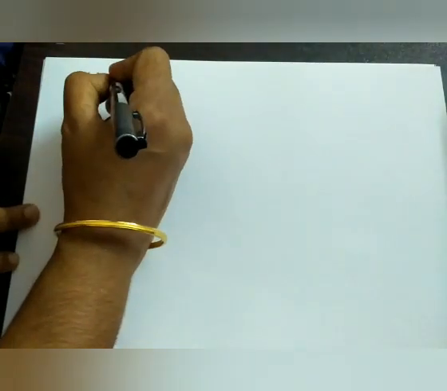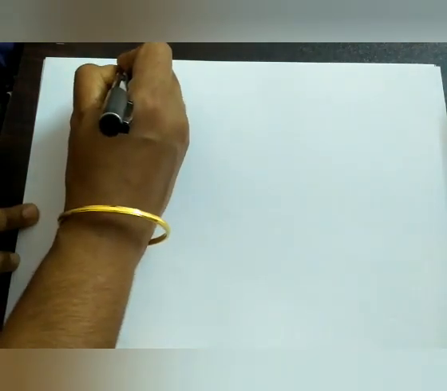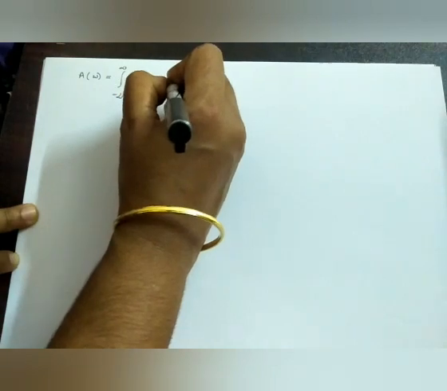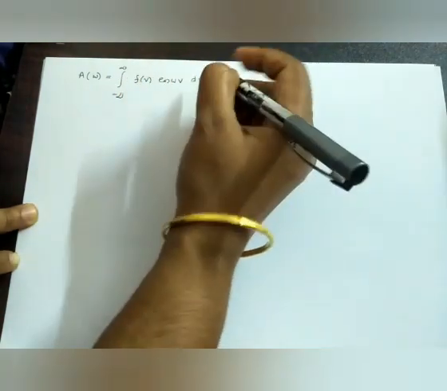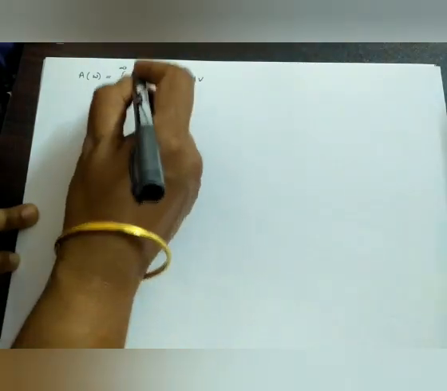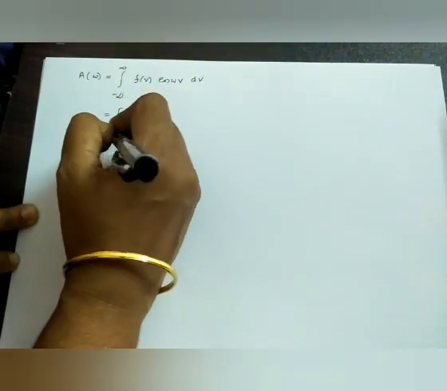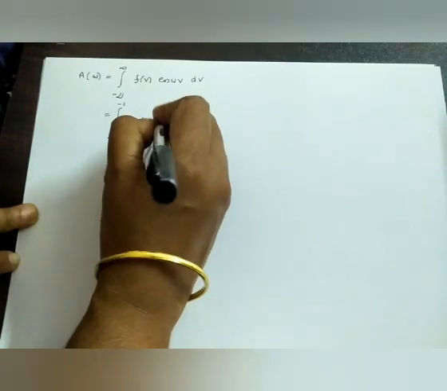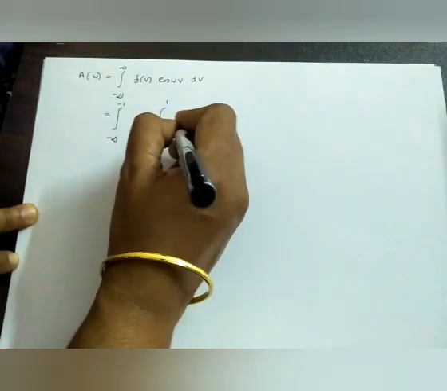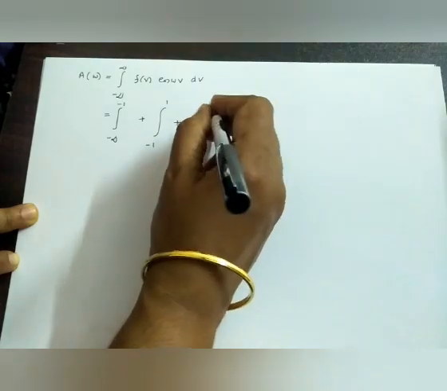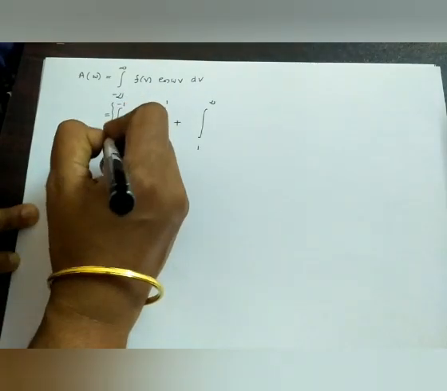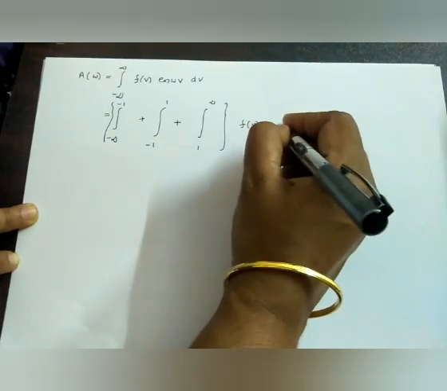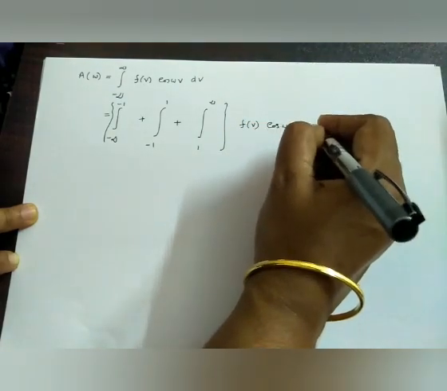A omega is equal to integral from minus infinity to infinity of f of v cos omega v dv. Now this integral can be divided into 3: minus infinity to minus 1, plus minus 1 to 1, plus 1 to infinity, of f of v cos omega v dv.